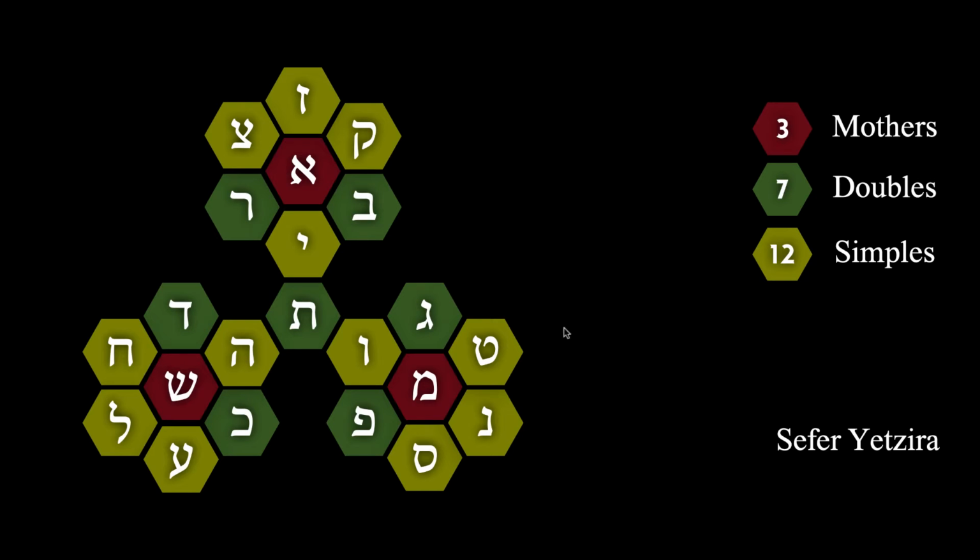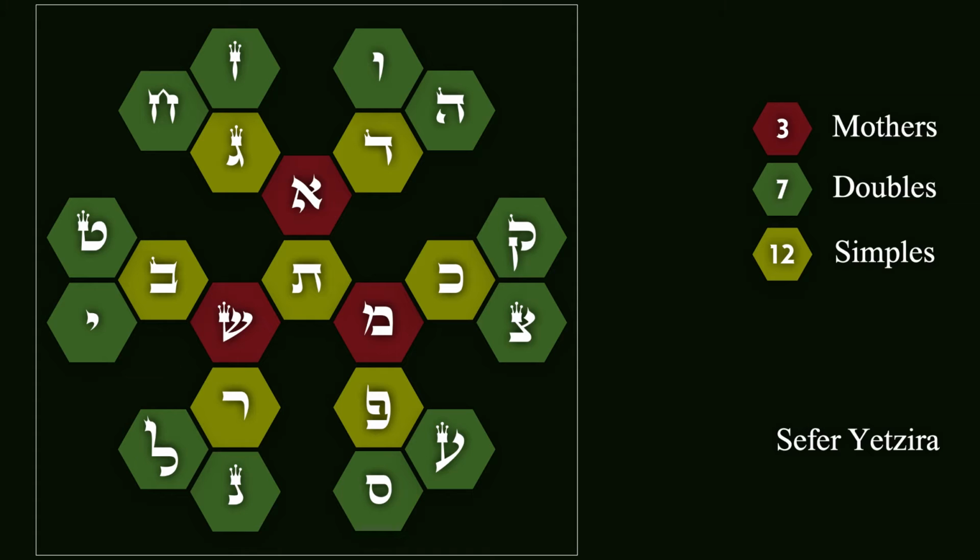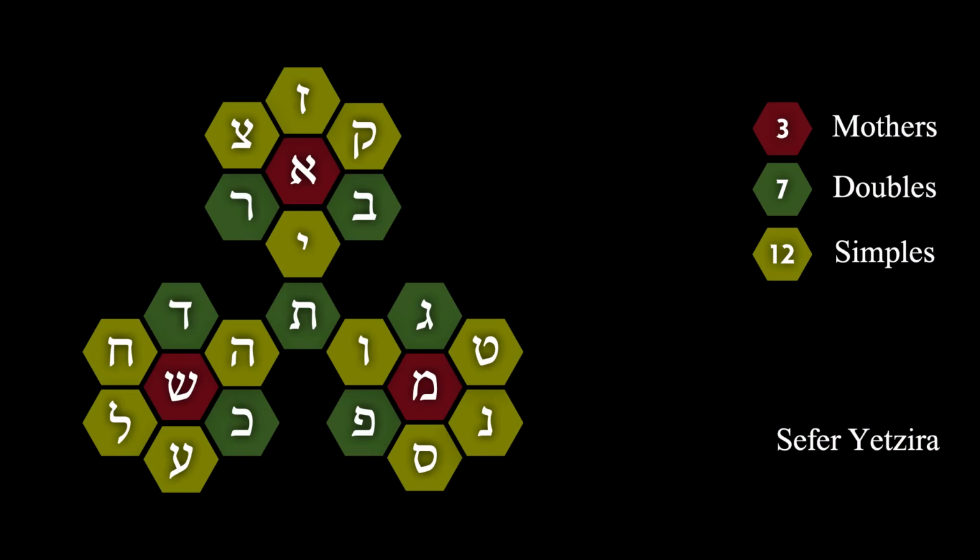And these 22 can be arranged into beautiful geometric structures such as this one and the next one, which you can pause the video to take a quick look at. Sefer Yetzirah divides the letters into three mothers, seven doubles, and twelve simples. In these seven doubles, you can find the Begad Kefat letters: Bet, Gimel, Dalet, Kaf, Pe, and Tav.